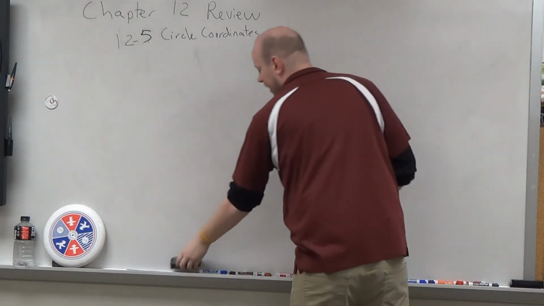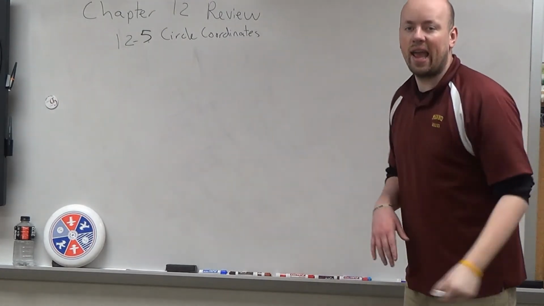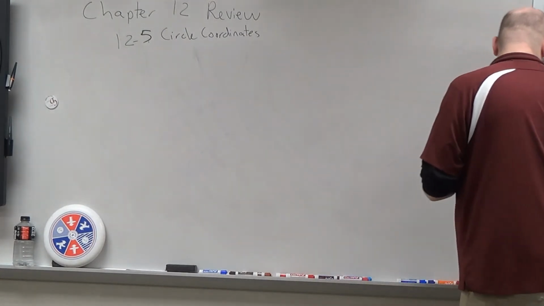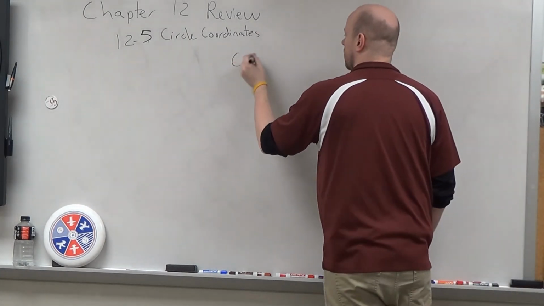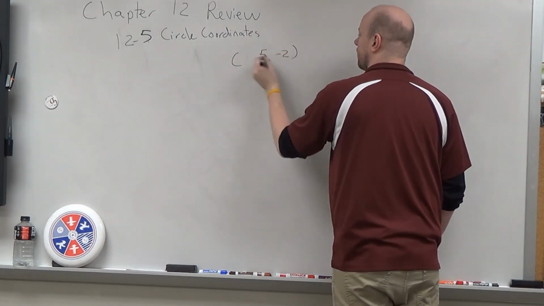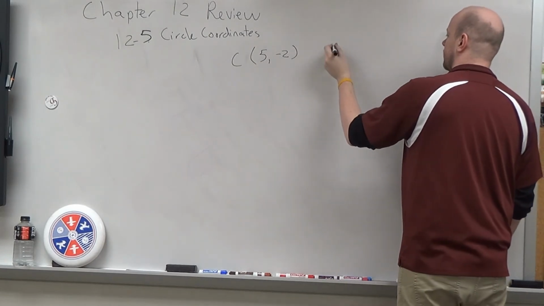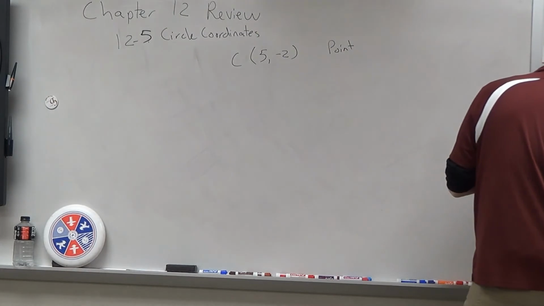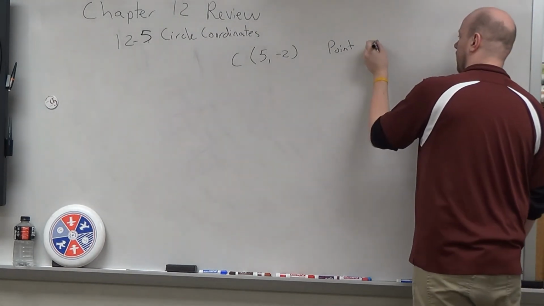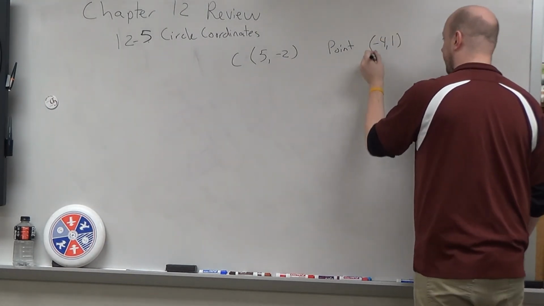And the trickiest one is, what if I give you a center and a point on the edge of the circle? So something like, if my center was 5, -2, and the circle passes through point -4, 1.